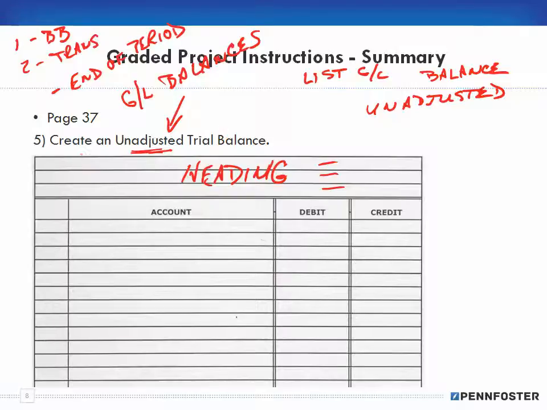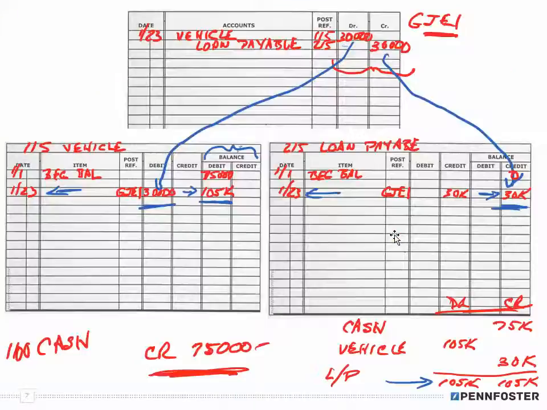So now we create this trial balance by putting in a heading, and in this column here we have our account numbers. Of course these are the account names, cash, vehicle, whatever. And we're going to have our debit or our credit, the balance in that particular account, which is what I alluded to in the previous video.